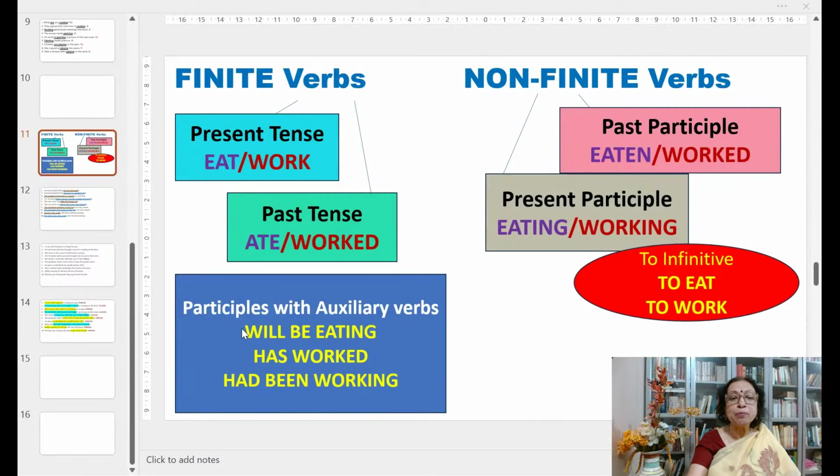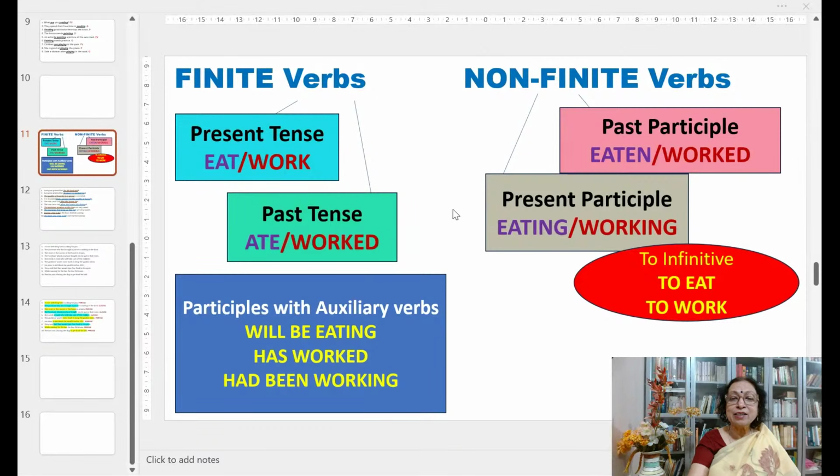Will is a helping verb, be is a helping verb. We call them auxiliary verbs. Be is a primary auxiliary verb. Will is a modal auxiliary verb. Then has, primary auxiliary verb. That is perfect tense, has worked, or had been working, past perfect continuous.